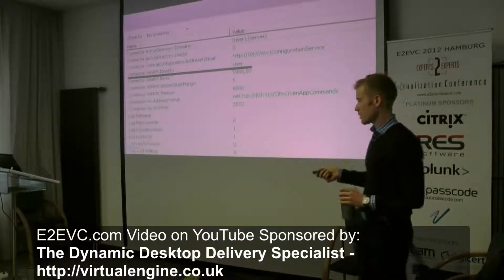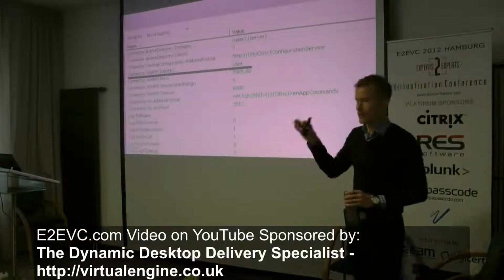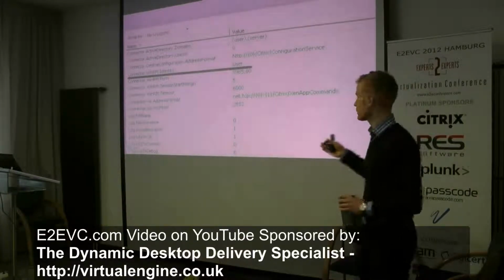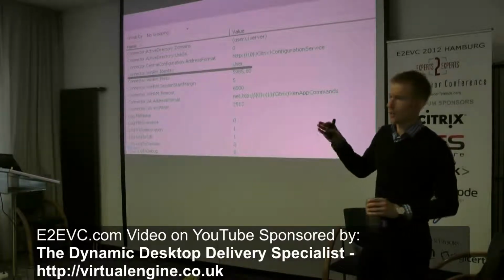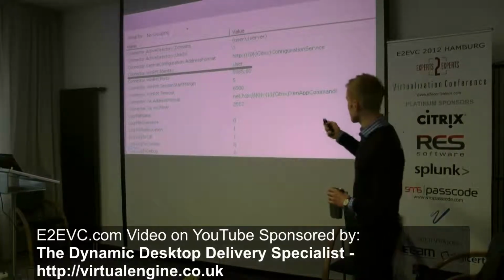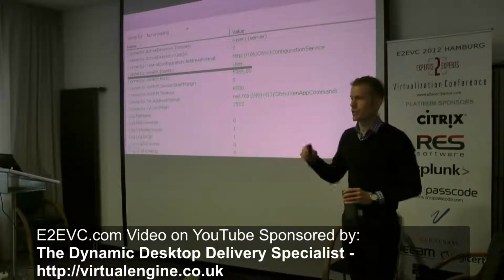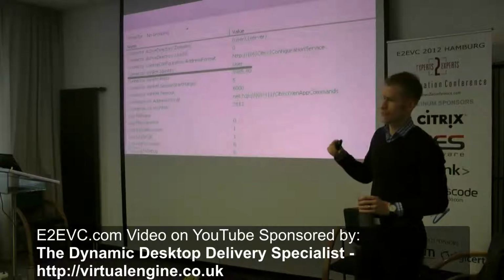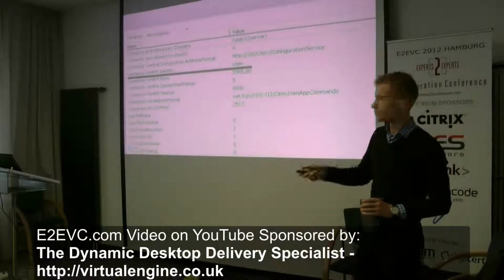when your Desktop Director server connects to the endpoints to pull that HDX report, it uses WinRM, and it has to connect to those endpoints under a security principal. So if this is set to user, it's going to connect to the endpoints using the user account that is currently logged into the Desktop Director website.